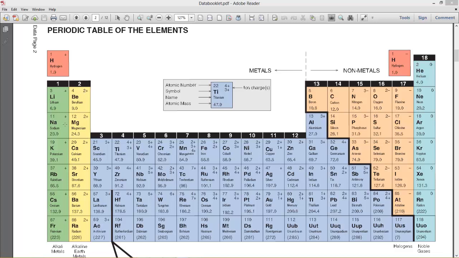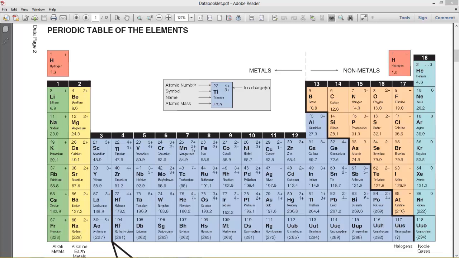All of the alkali metals have a charge of +1, and of course you should be able to explain why that's true in terms of their valence electrons. If you can't do that, I would be so delighted to talk to you and we could work that out. Same thing with the alkaline earth metals. They all have an ion charge of 2+, and again, can you explain why in terms of the octet rule and valence electrons? On the other side of the periodic table, the noble gases have no charge.